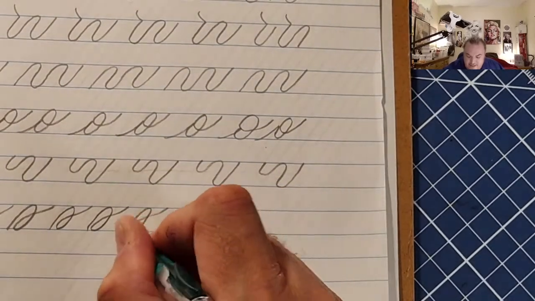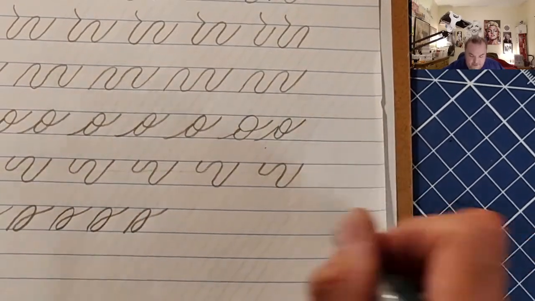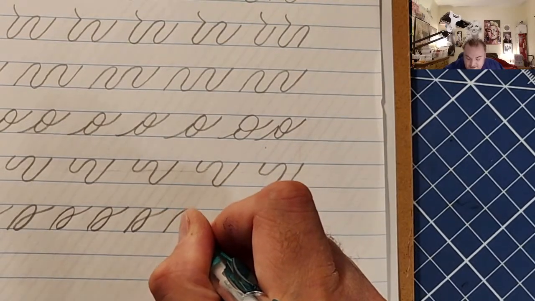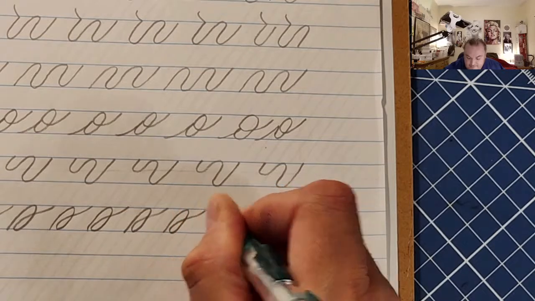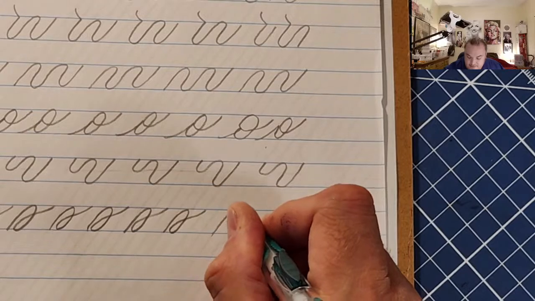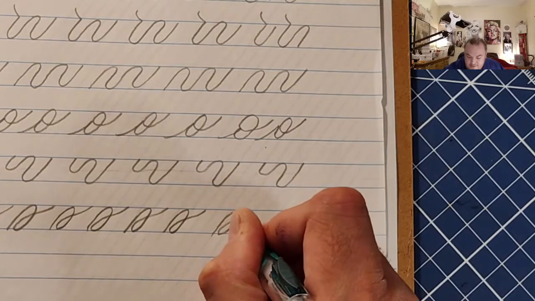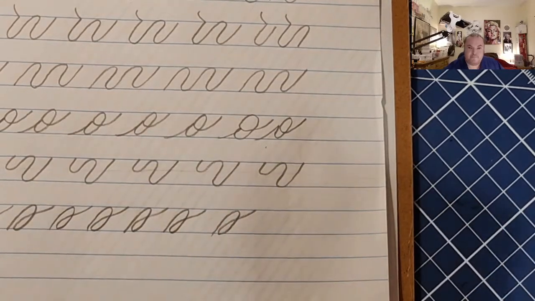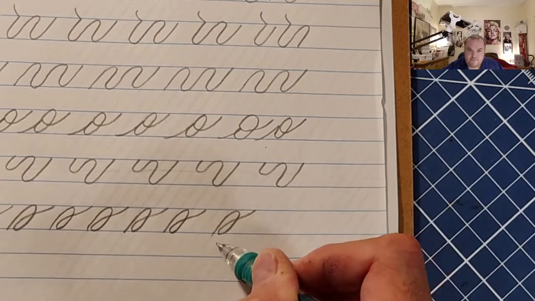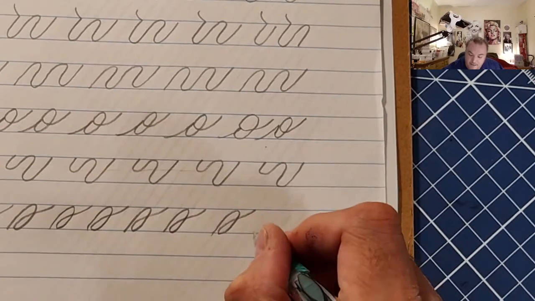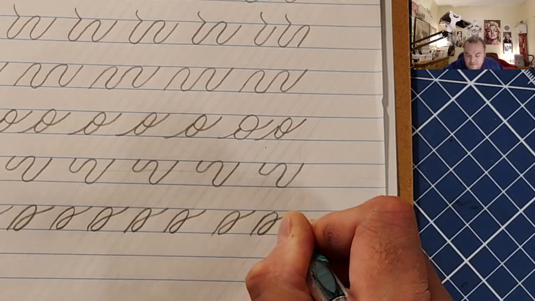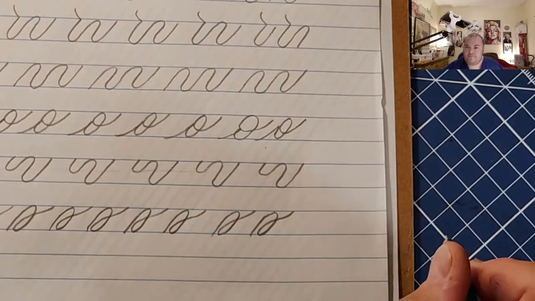So you're basically making a little tiny loop inside of a reverse oval. Base, X, base, and then X. Base, X, base, X. This time you are crossing through that downstroke. Baseline, X height, baseline, through X height.